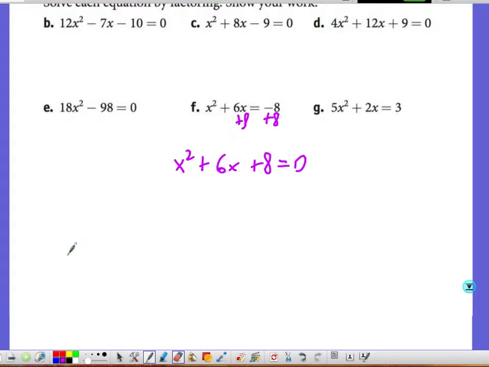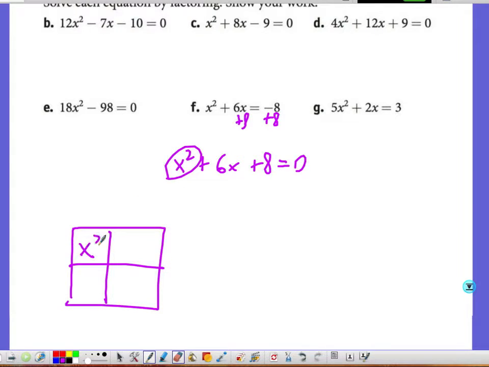Might as well finish this one with you guys. So this is going to go inside here, this is going to go right there. You want to multiply the coefficient of x squared times the constant, which is 8. What are the factors of 8 that add up to give me 6? Well, this is easy. It's going to be 2 and 4.